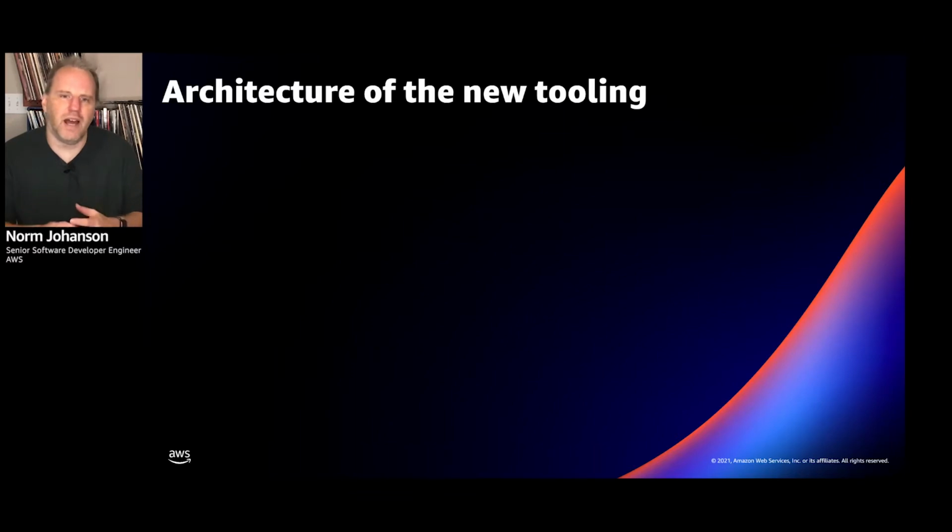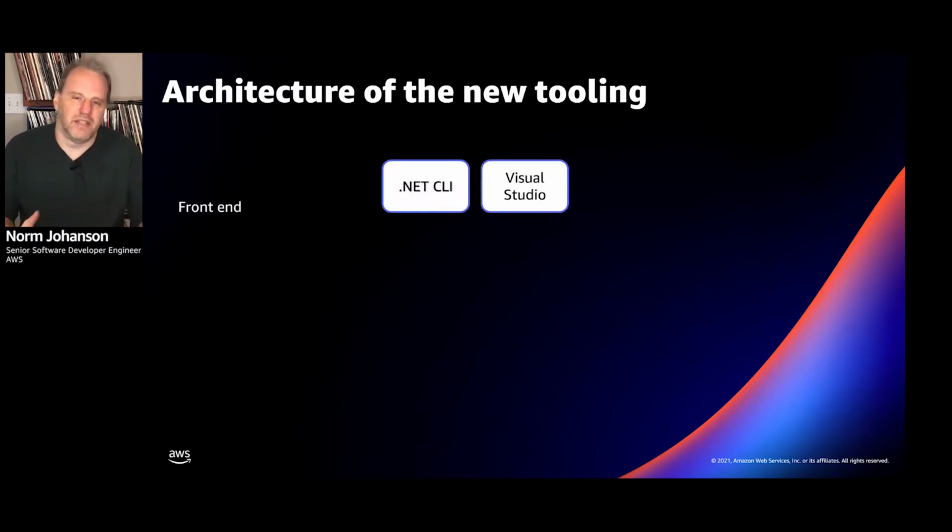At a super high level, the way we like to think about the architecture of our application is that first we have what we call front ends. In this world, our front ends would be the .NET CLI or Visual Studio. This is where your feedback comes in really handy, letting us know what other front ends you'd like. If you want Visual Studio Code or Rider, let us know on our GitHub repos, and that helps prioritize our backlogs.